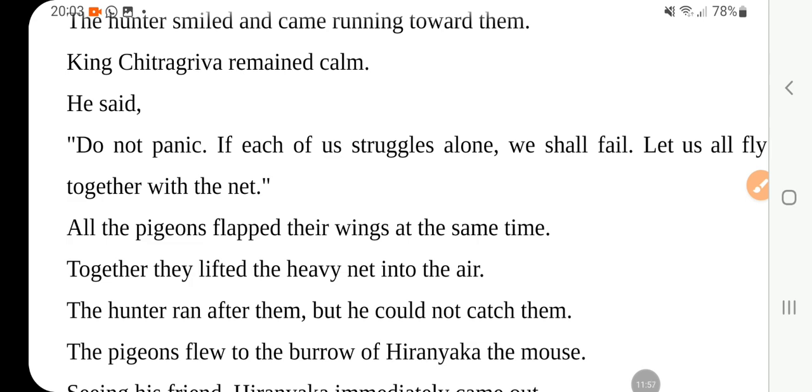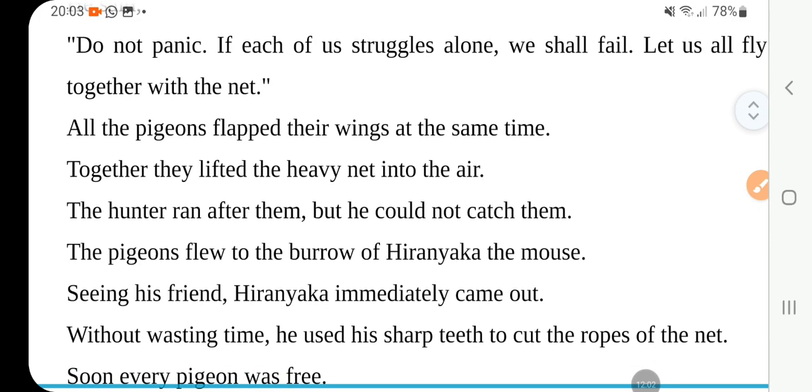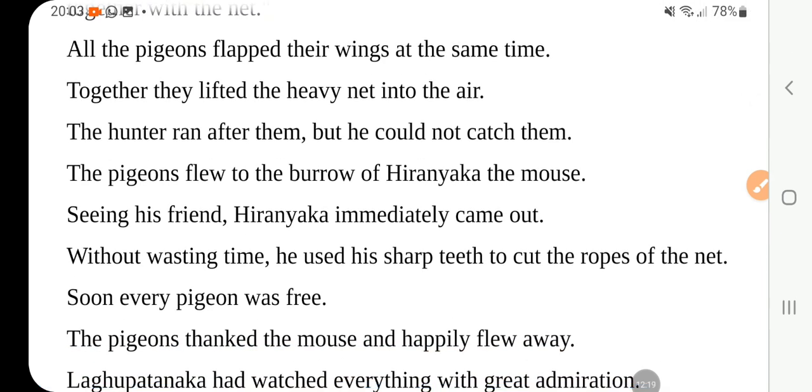He said, "Do not panic. If each of us struggles alone, we shall fail. Let us all fly together with the net." So all the pigeons flapped their wings at the same time. This is important.